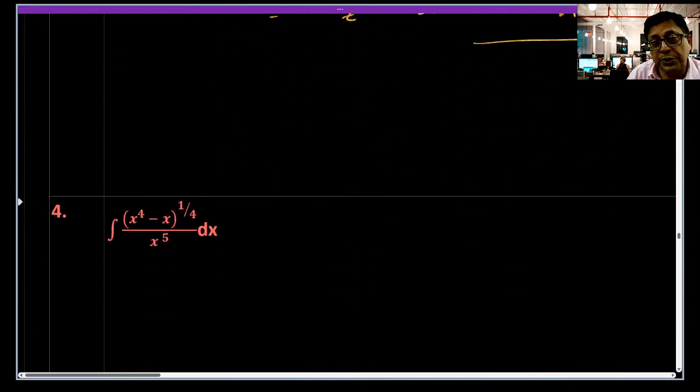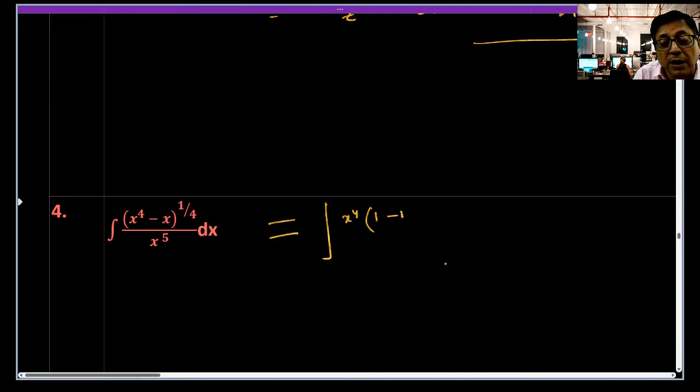Go for next sum. This is another brilliant problem. Brilliant sum. You think what way you will manipulate. If you are not able to think, then I have to do. x4 minus x to the power 1 by 4 by x to the power 5. You do one thing here. x4 you take common. x4 I have taken common.